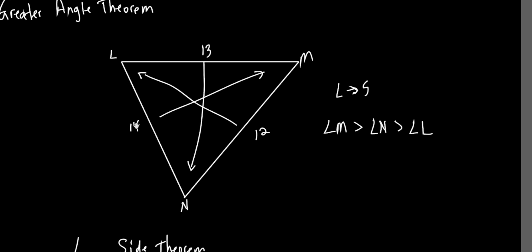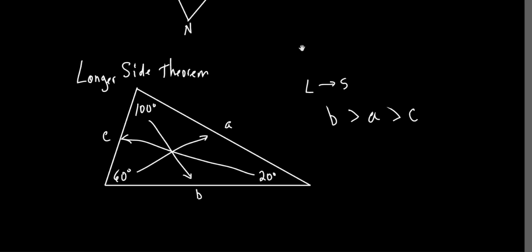So whatever the largest side is, the angle opposite is the largest angle, and so on. If you know the largest angle, then the largest side is opposite the largest angle. So as long as you know that the largest side and the largest angle are opposite each other, the smallest side and the smallest angle are opposite each other, you basically got both of these theorems. It's pretty self-explanatory, I think. Would you agree? Yeah. All right.